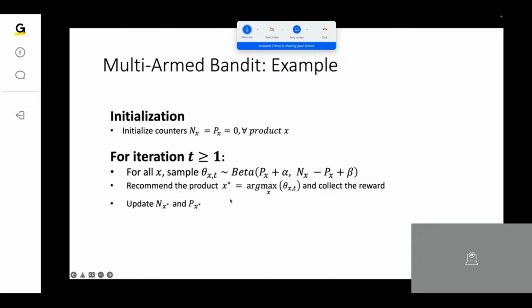And we select that product and observe the reward, which is whether a purchase or not. This information is used to update the counters. And while we update the counters, the posterior distribution will also get changed. Okay.